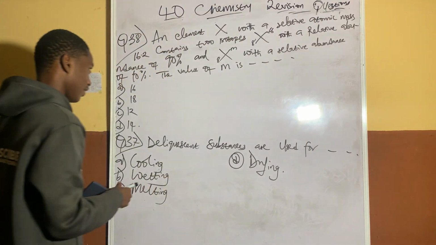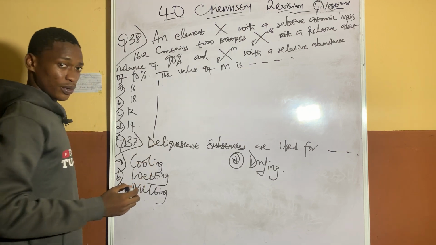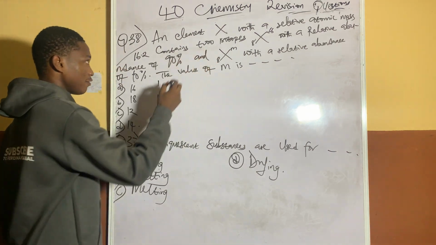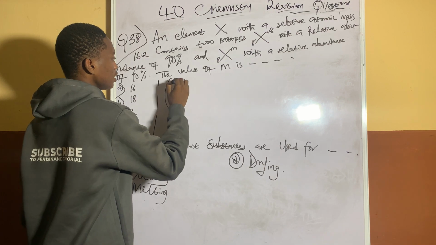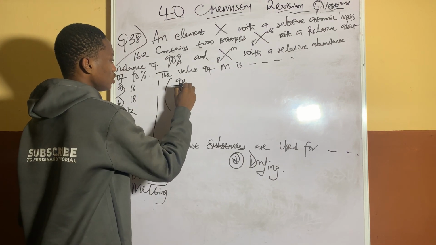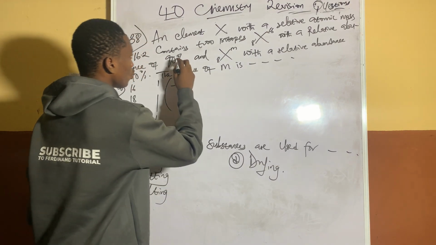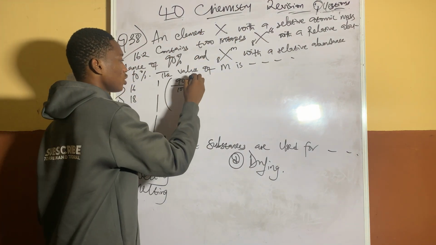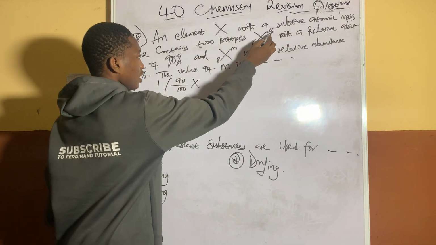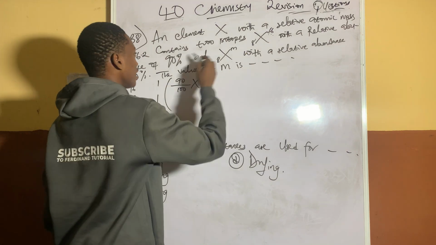So for us to calculate M, first of all, we have the elements. We say 90 over 100 for the abundance. Now we come here and look at this particular element. Remember, we're going to multiply this by the mass number. Which element has 90 over 100?